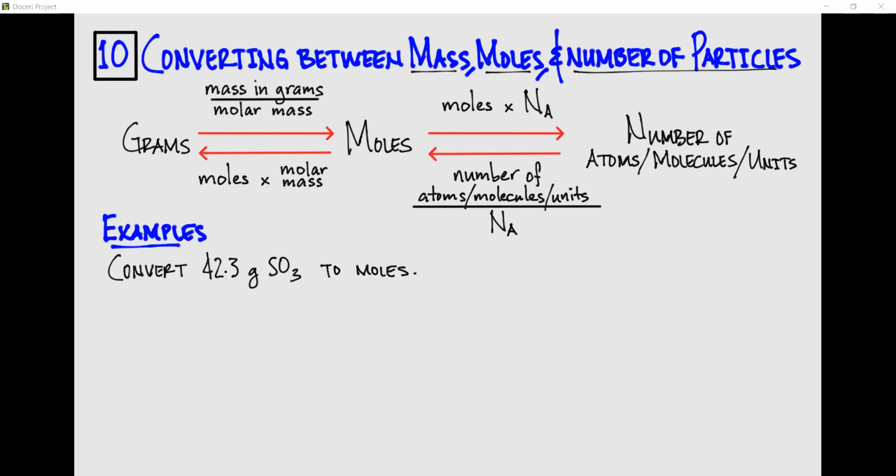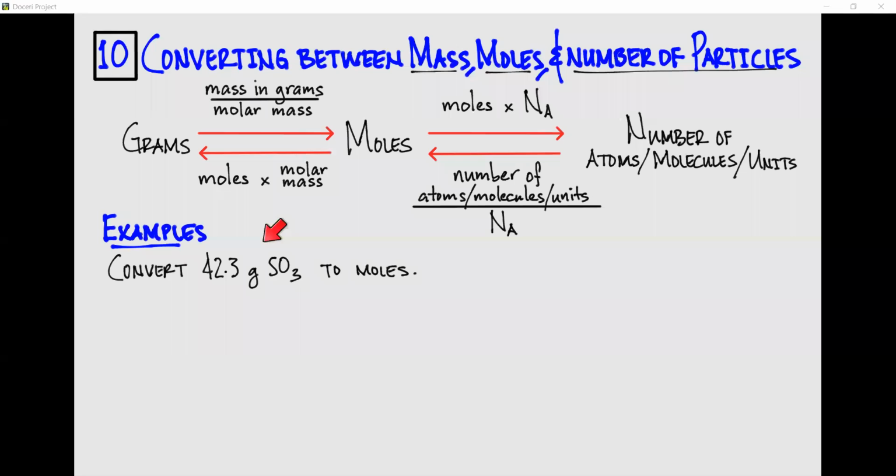All right, so let's take a look at a few examples here. First example is asking you to convert 42.3 grams of sulfur trioxide to number of moles. Right? So according to this shortcut here or diagram, if you want to convert mass to moles, all you have to do is divide the mass in grams, which is given right here, by the molar mass of the substance.